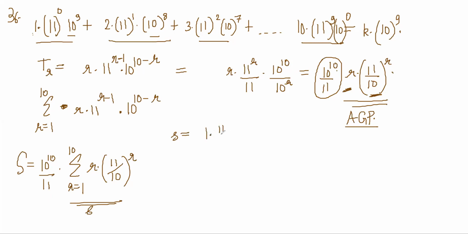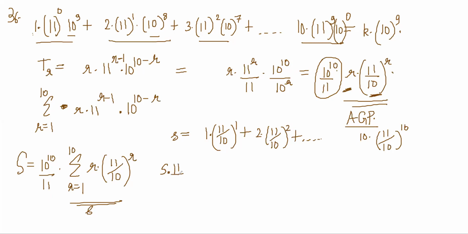1 into 11 by 10 to the power 1 plus 2 into 11 by 10 to the power 2 and so on, till 10 into 11 by 10 to the power 10. Now I will write S into the common ratio, the standard method of doing AGP. S into 11 by 10, the common ratio, is equal to, I will shift it and write it.